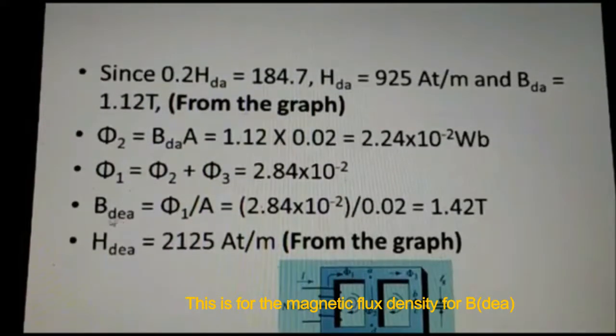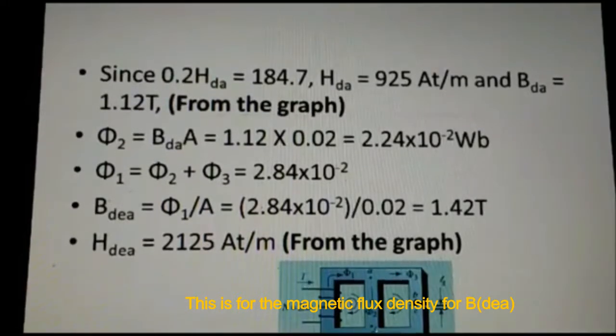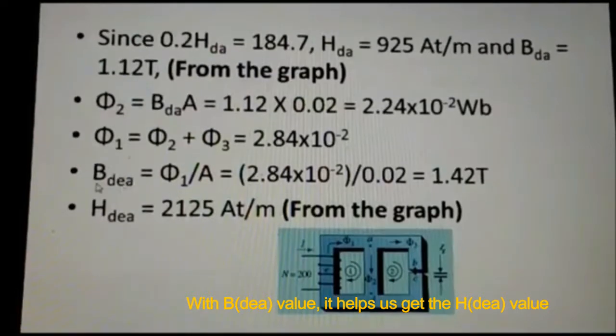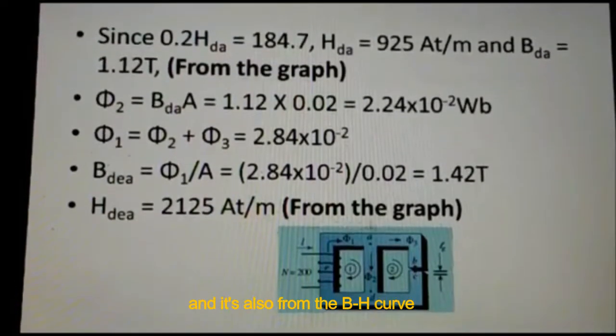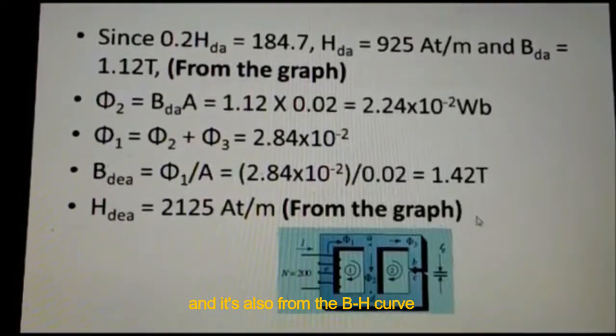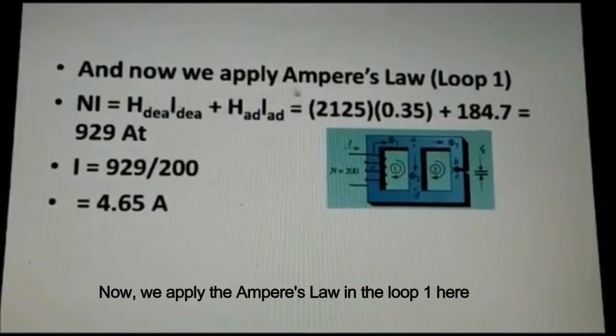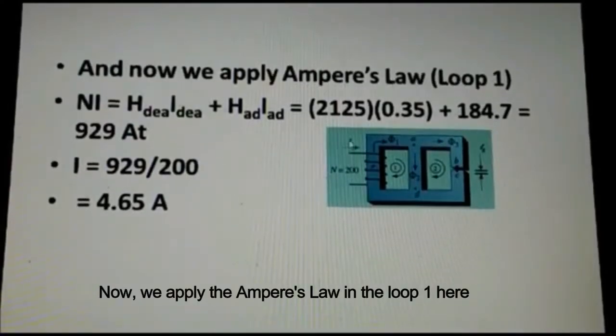This is for the magnetic flux density for VDEA. This VDEA value can help us get the HDEA value. This is also from the VH curve. And now we apply the Ampere's law in the loop 1 here.